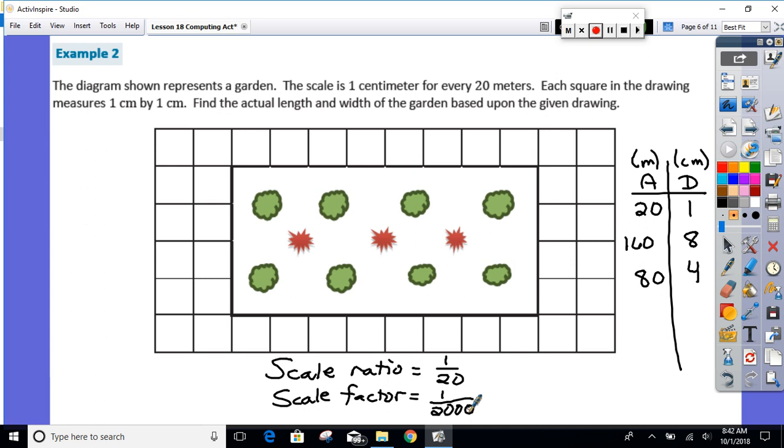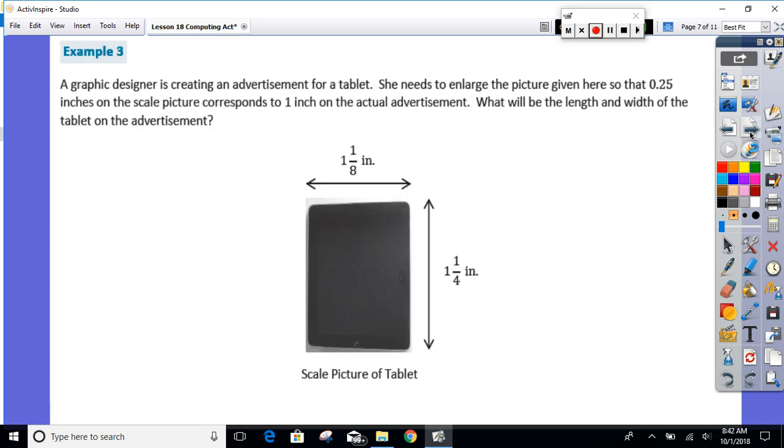Okay, another example. A graphic designer is creating an advertisement for a tablet. She needs to enlarge the picture given here so that 0.25 inches on the scale picture corresponds to 1 inch on the actual advertisement. What will be the length and width of the tablet on the advertisement?